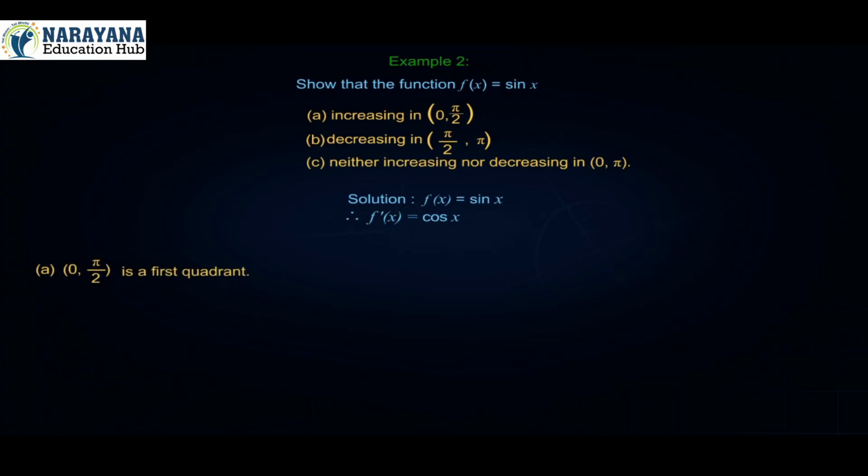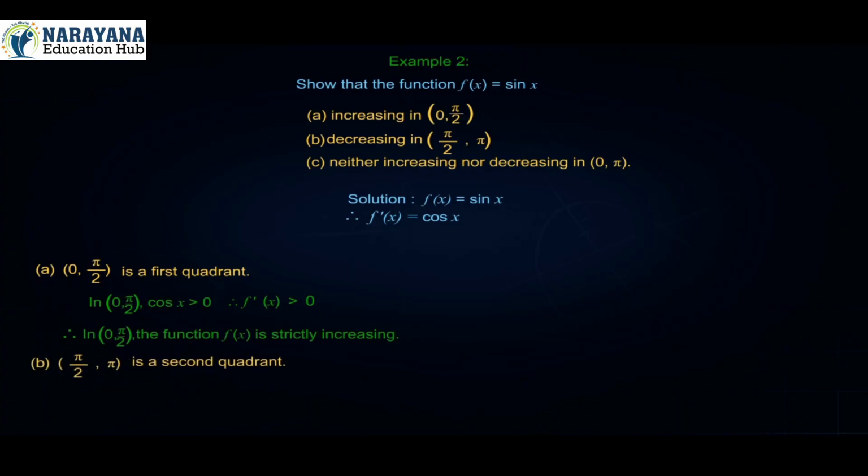A. Open interval 0 to pi by 2 is the first quadrant. In open interval 0 to pi by 2, cos x is greater than 0. Therefore, f dash of x is greater than 0. Therefore, in open interval 0 to pi by 2, the function f of x is strictly increasing.